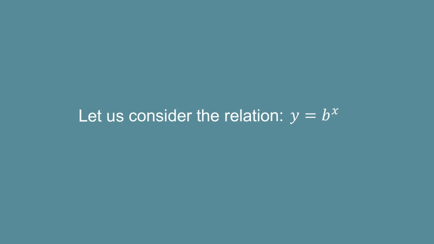Suppose that we have the relation y equals b to the x. I am referring to it as a relation because at this point, I don't know if the graph of this relation is a function. That is, if the graph passes the vertical line test. In fact, a goal of this lesson is to figure this out.